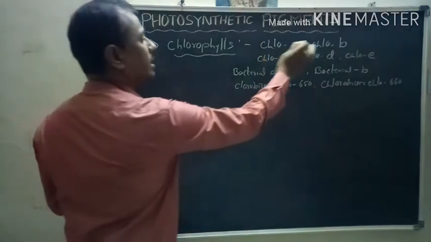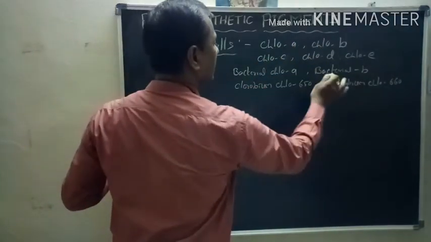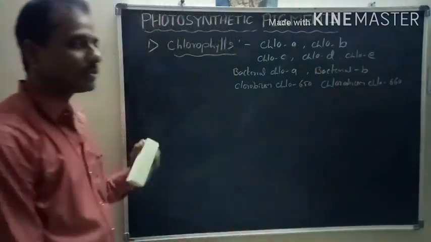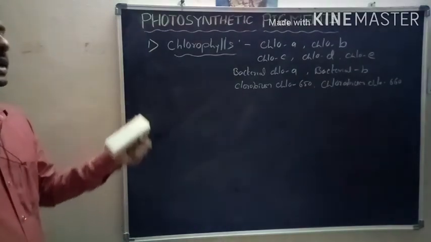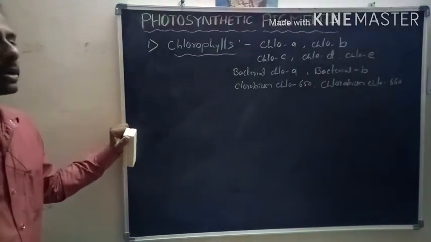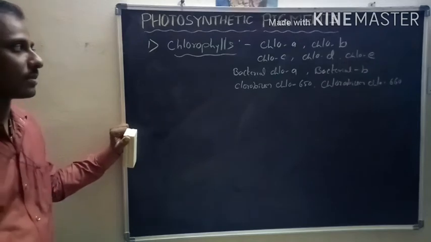How many? 1, 2, 3, 4, 5, 6, 7, 8, 9. Nine types of chlorophyll pigments are present.